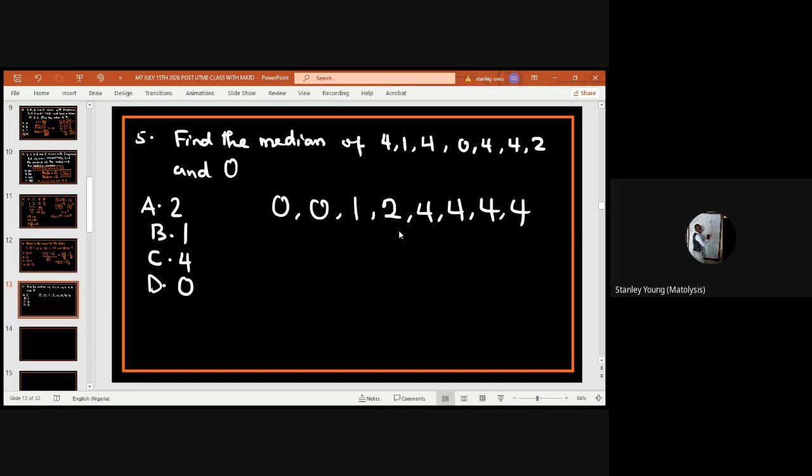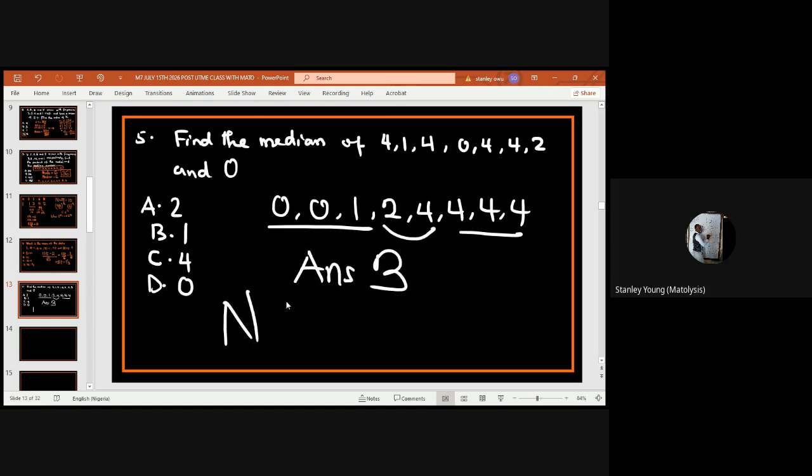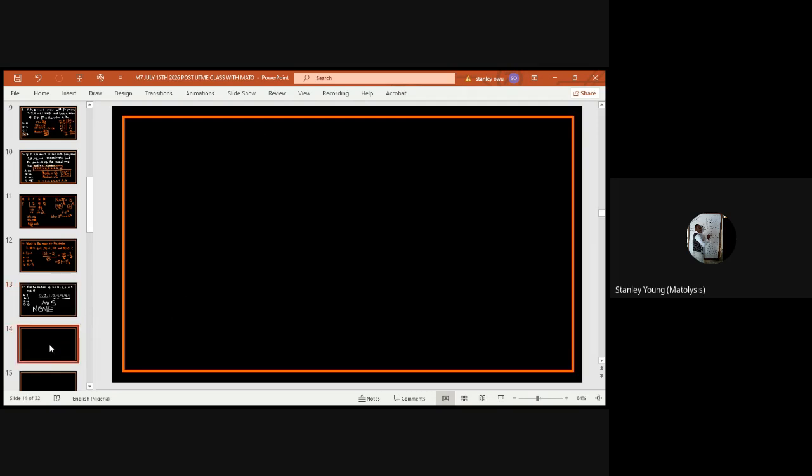So the median, if you cancel from both ends, is supposed to be between these two, and the answer is supposed to be 3. So none of the options. For such a question where none of the options is correct, there is almost nothing you can do about it.